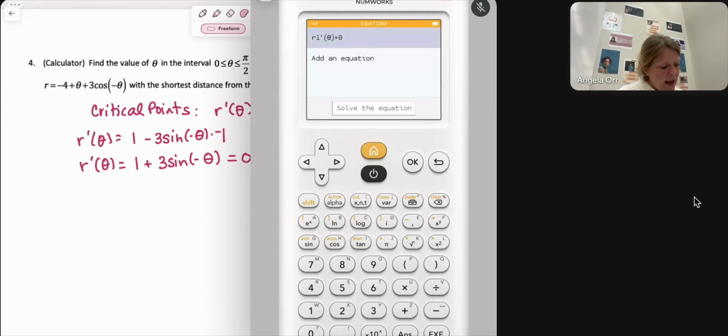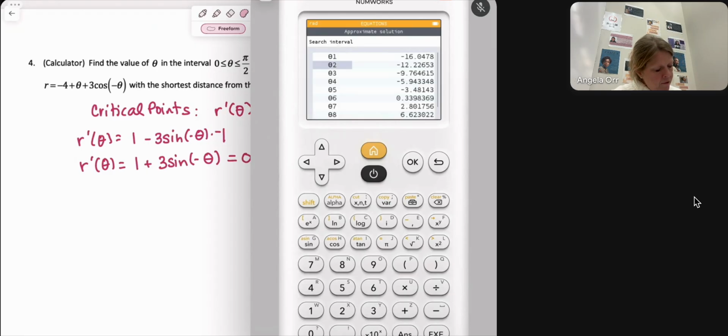I'm going to hit OK, and then I will go down to solve equation. So the first place in our interval 0 to pi over 2 would be a value 0.3398. Now, I am going to store this value.